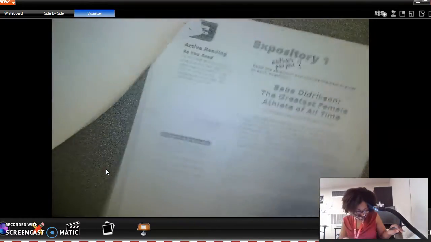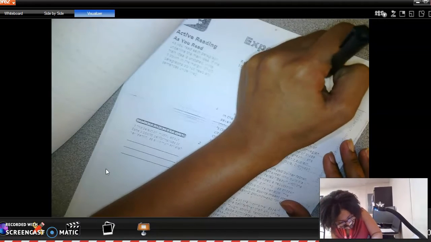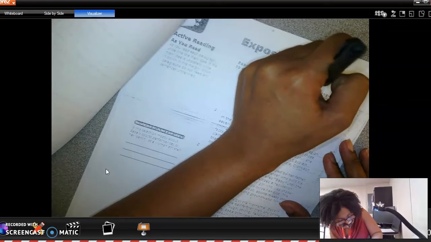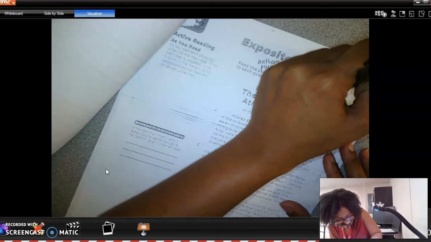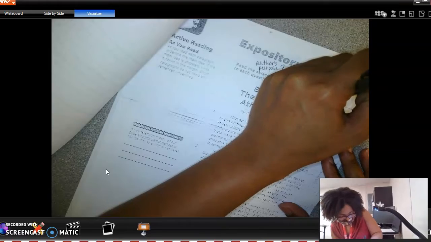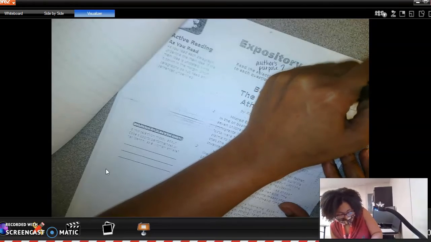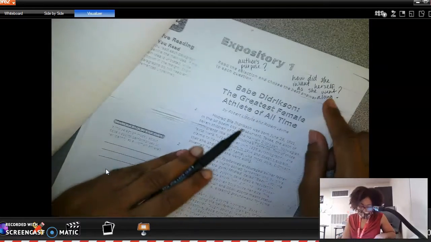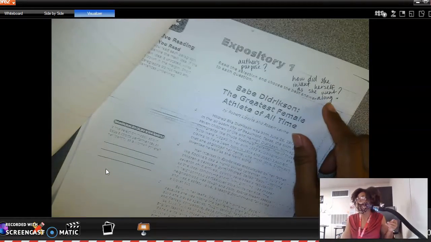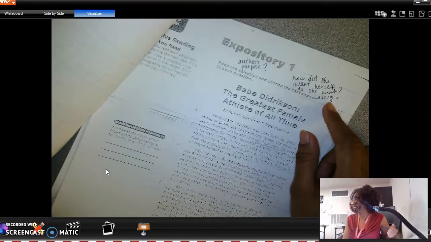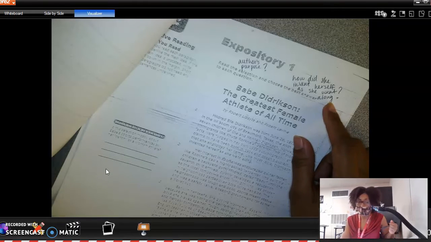So I'm going to write that: how did she invent herself as she went along? And I'm going to throw a question mark. And as I'm reading, because I know it's directly from the text because they have direct quotes, when I see it, I'm going to highlight it because it's going to answer that question for me.